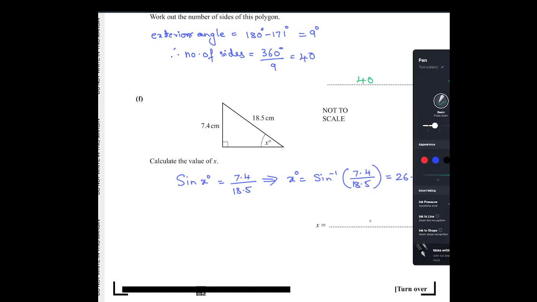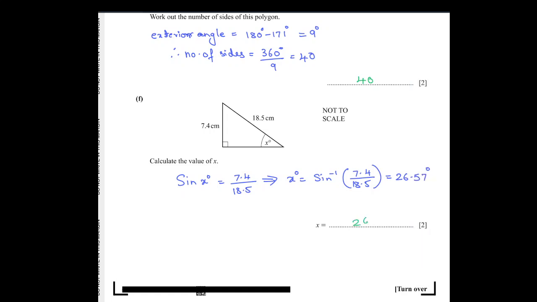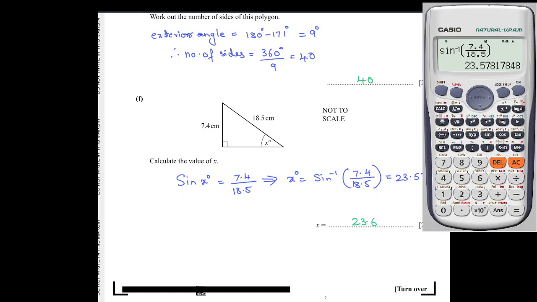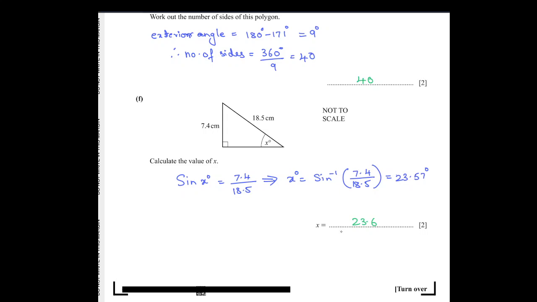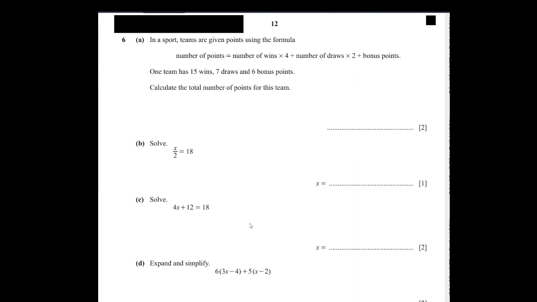If I round to one decimal place, oh sorry, I've written wrong. 23.57 degrees will be rounded to 23.6, the angle. Yes. Okay, so this is done. Question number F is done. Question number 5 is completed.